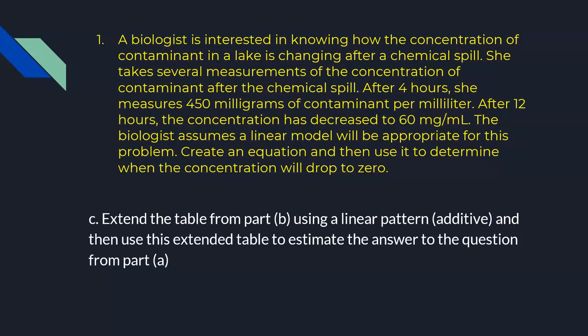Letter C, extend the table from part B using a linear pattern, additive, and then use this extended table to estimate the answer to the question from part A. Remember, we want to determine when the concentration will drop to 0. So what do we have so far?